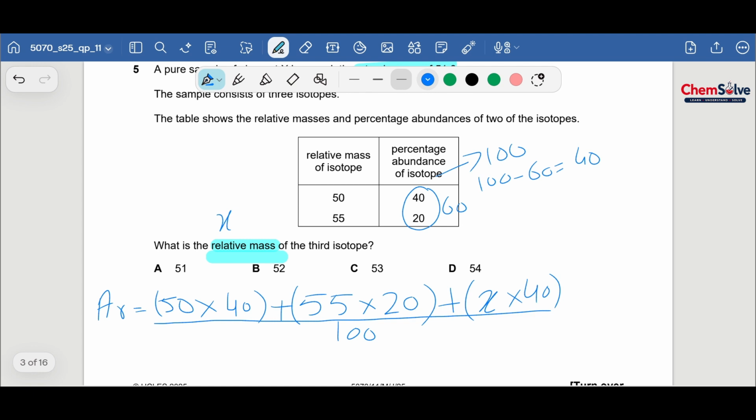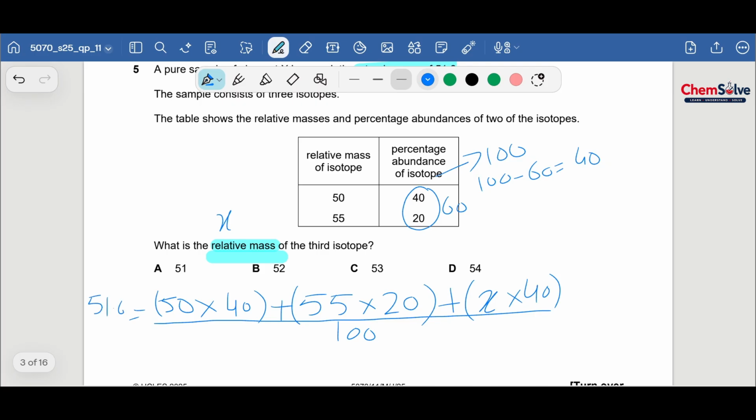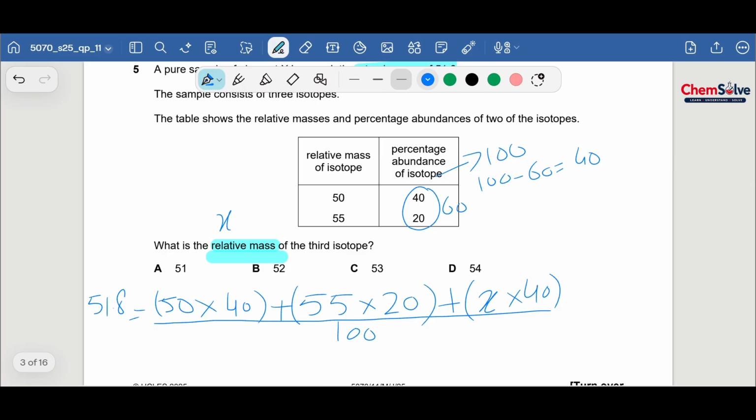I will replace the AR here with the exact AR that is being provided, and it is 51.8. As you can see in the question, it is 51.8. So I will solve it. This 100 will be multiplied with the 51.8.